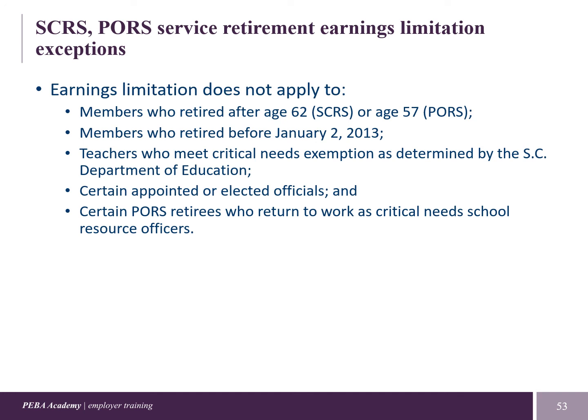Teachers who meet the critical needs exemption as determined by the South Carolina Department of Education are exempt, as well as certain appointed or elected officials. Additionally, certain PORS retirees who return to work as critical needs resource officers may also be exempt.